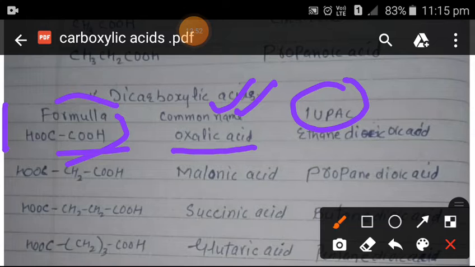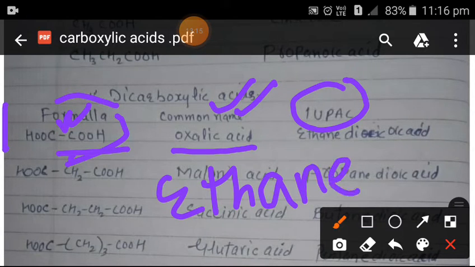After that, what will be the IUPAC name of the compound? You must follow the IUPAC nomenclature rule. First you will see the number of carbon atoms. There are two carbon atoms here, so it is eth. Clear? Then you will write the primary suffix. Is there a carbon double bond? No. There is a carbon single bond, so you will write ane.